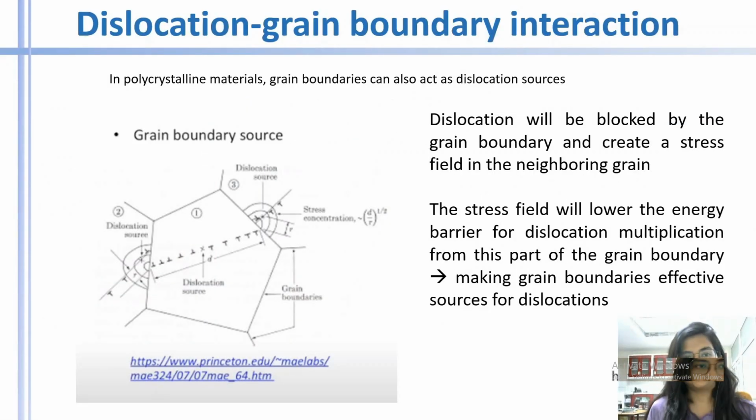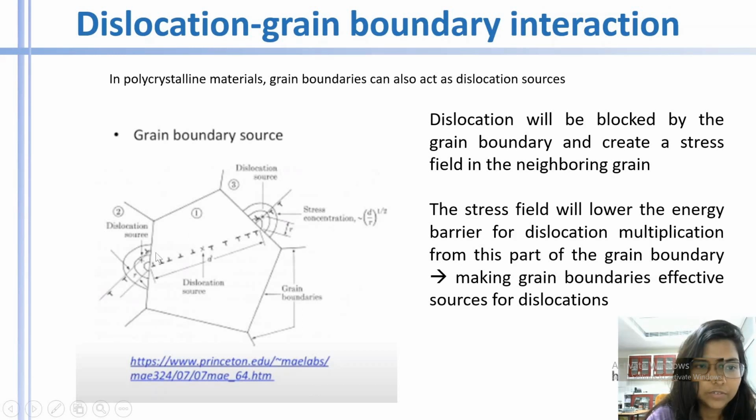In polycrystalline materials, grain boundaries can also act as dislocation sources.